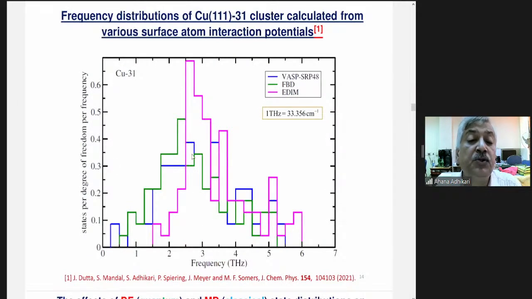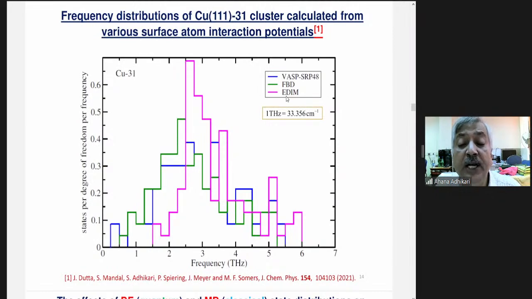So this is the distribution of the normal modes. It is given in terms of terahertz, hertz and electron volt, something like, I guess, 0.04 electron volt. You can see the VASP calculated frequency distribution is more widely distributed compared to the other method.